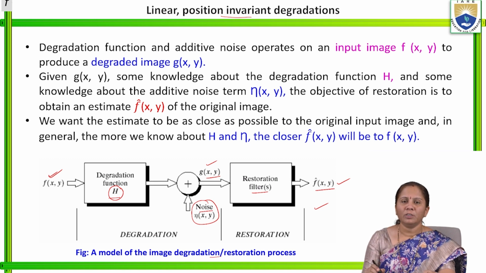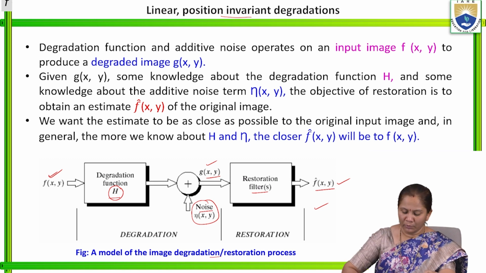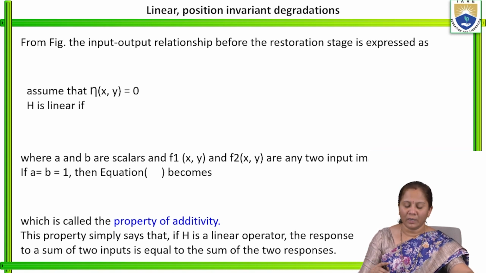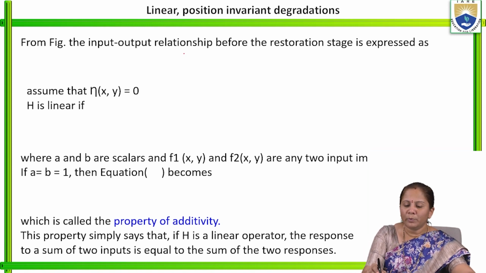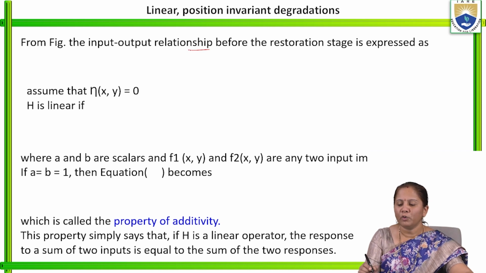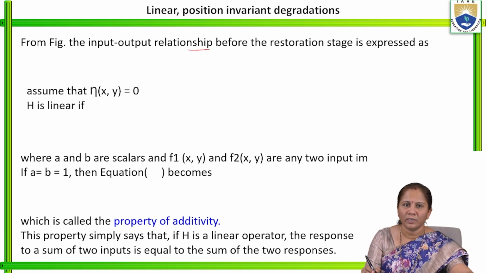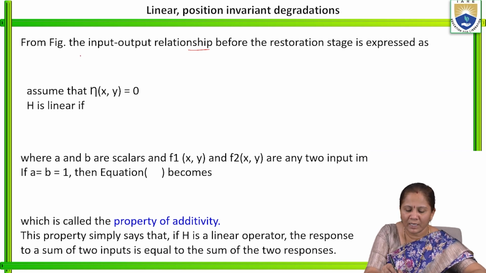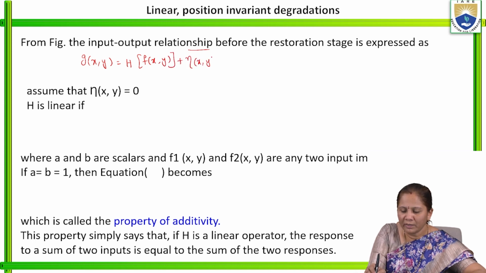Based on this concept, from the figure we have seen in the previous slide, the input output relationship before the restoration stage can be written as g of x comma y is equal to h of f of x comma y plus eta of x comma y.